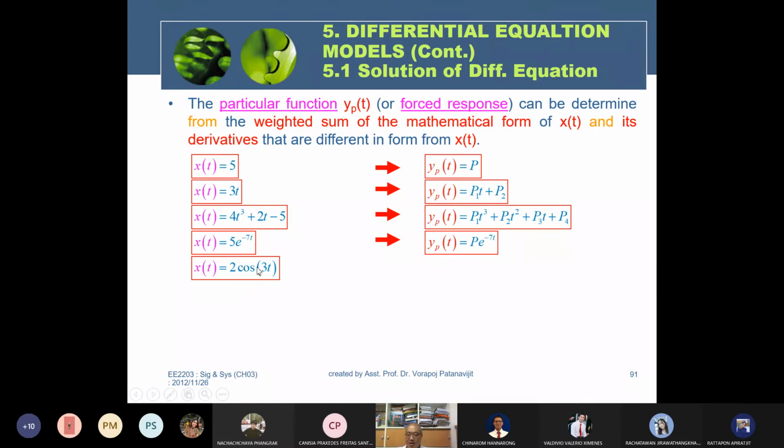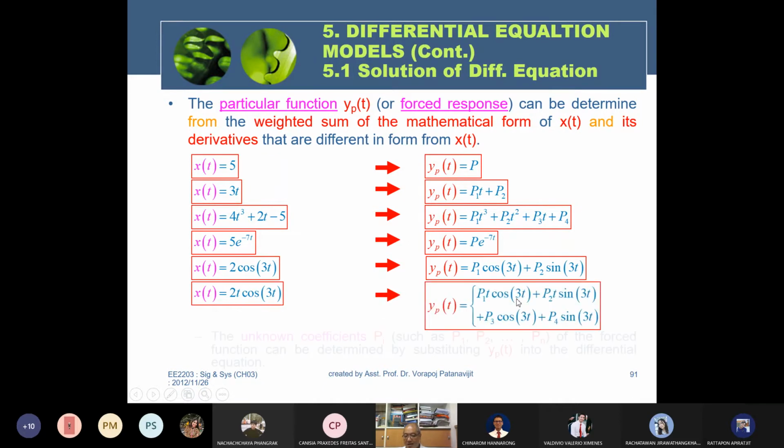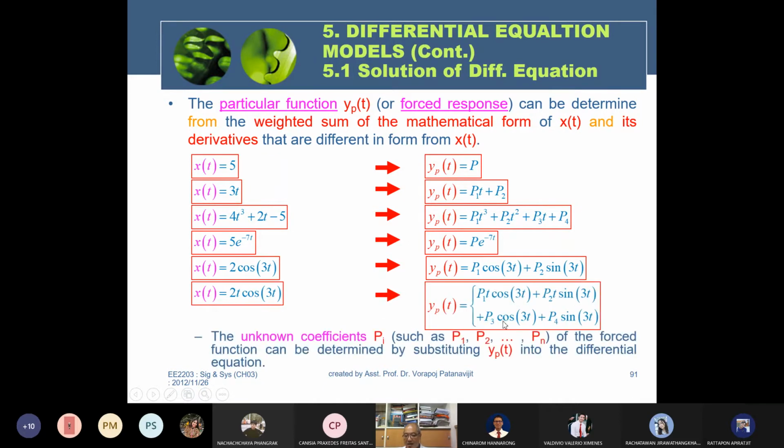Now, if it is a cosine function, the derivative of cos gives you sine, and the derivative of sine gives you cos again. Therefore, the general solution form will be in terms of cos 3t and sin 3t. If it is in the form t cos t, it will be t cos t, t sin t, and only cos and only sin.